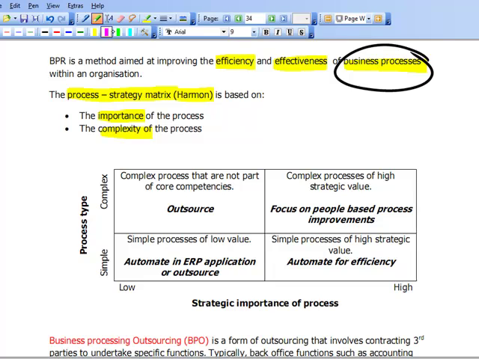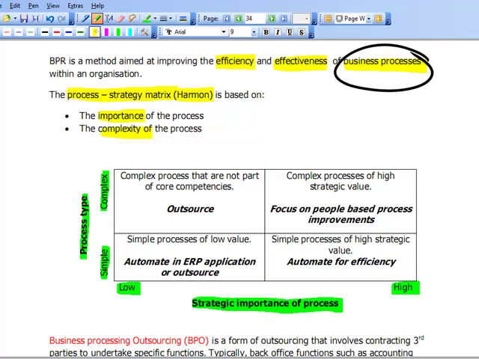So for example, at the bottom we've got the strategic importance of the process. So how important is the thing that we are talking about? Is it high importance or low importance? And then we have the type of process ranging from simple to complex. So it's a nice 2x2 matrix.